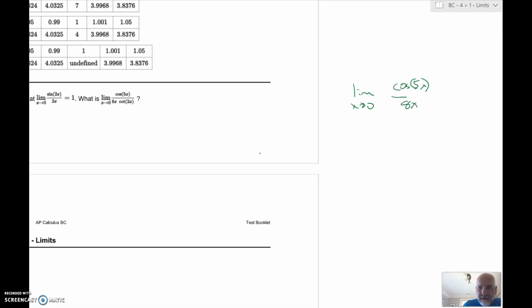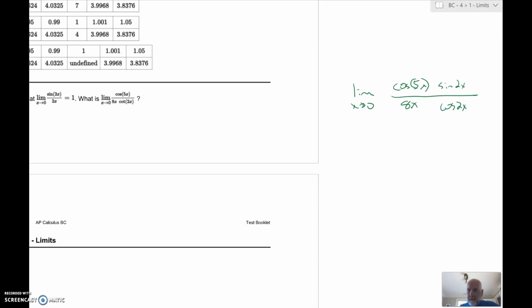And then we've got a cotangent in the bottom. So cotangent in the bottom would be a tangent in the top, and tangent is sine over cosine. So that'd be sine 2x over cosine 2x. Okay, this won't be so bad.